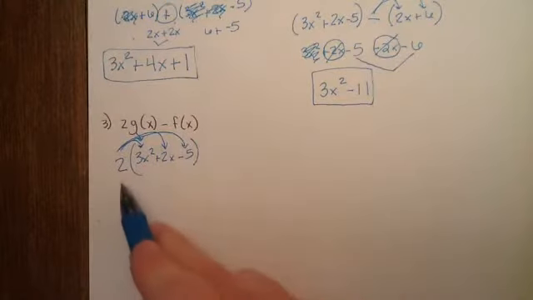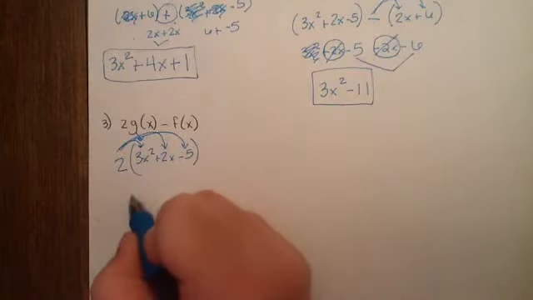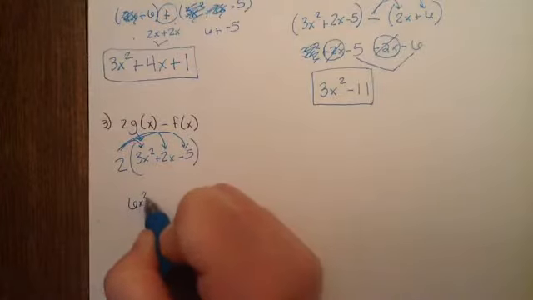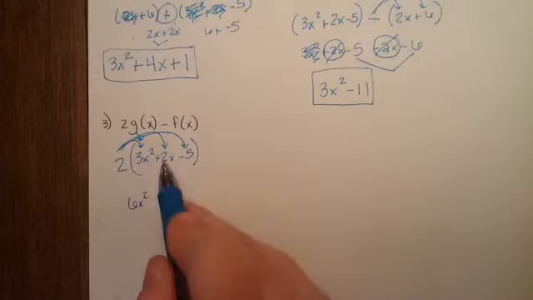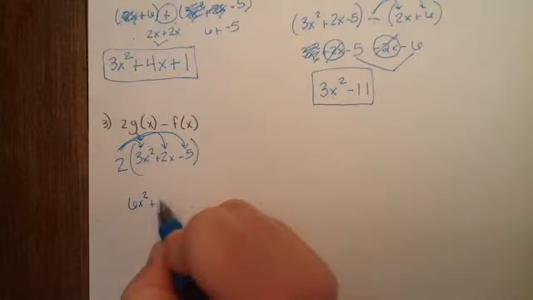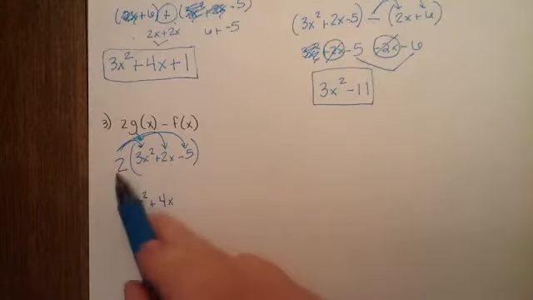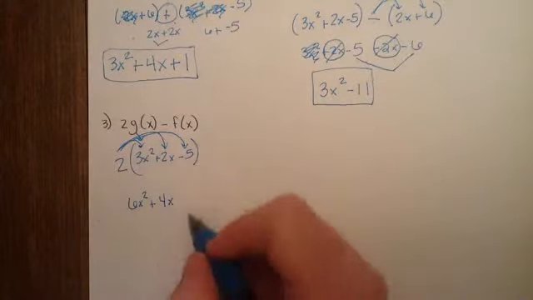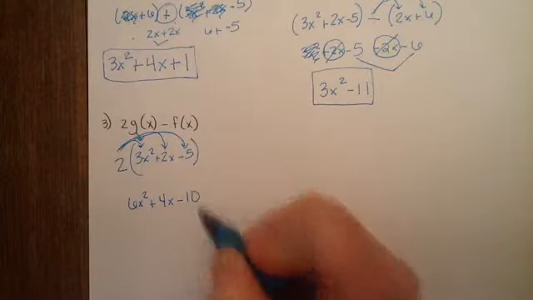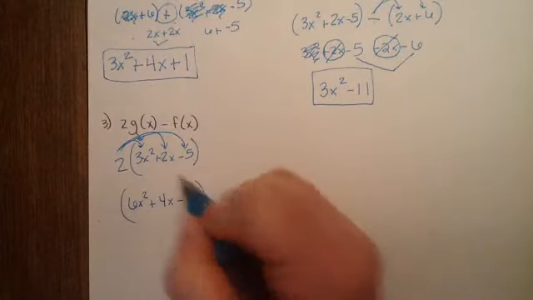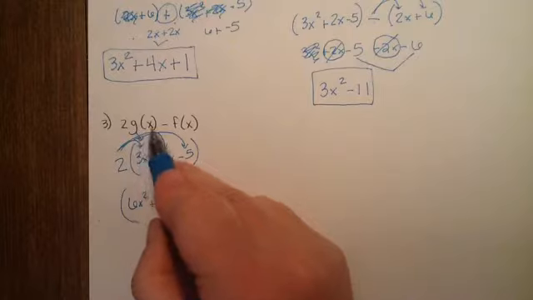The distributive property. So 2 times 3, 6x squared. 2 times 2, plus 4x. 2 times negative 5, negative 10. That's the first piece of the puzzle, 2 times g of x.